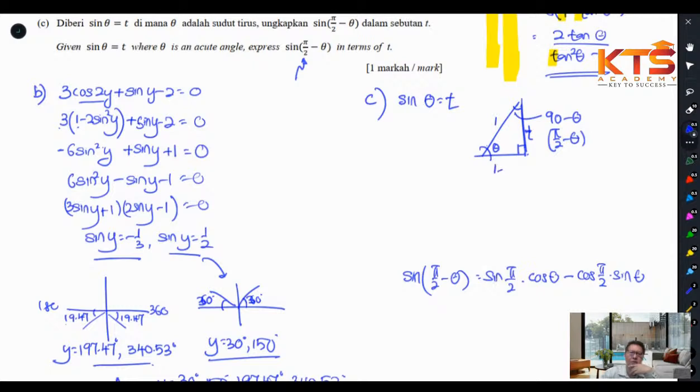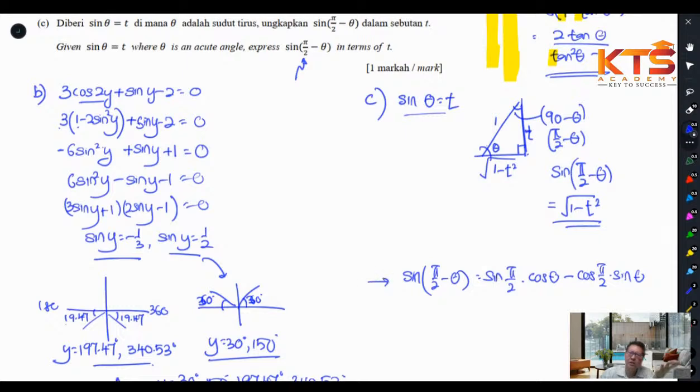So it must be square root of 1 minus T squared, like this. All right. So from here, I managed to create this triangle with the value inside. Then the question asks for sine pi over 2 minus theta. That would be root of 1 minus T squared over 1. Okay, so that is the shortest working.